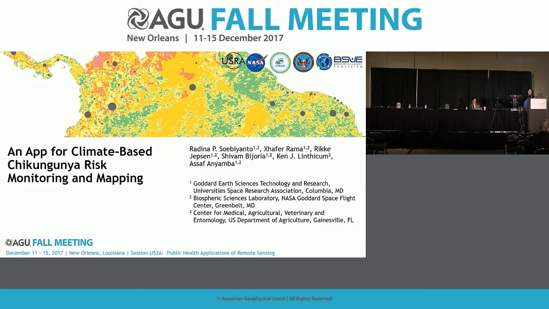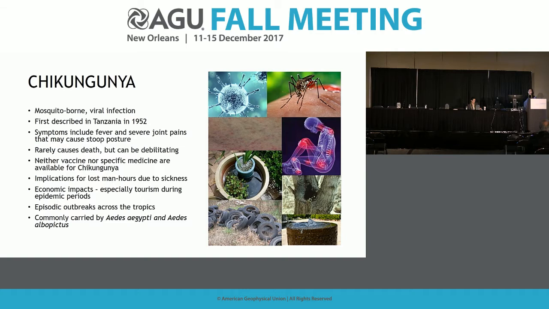So just to give you a brief description of chikungunya, it is a mosquito-borne viral infection. It was first described in an outbreak in southern Tanzania in 1952. Some of the symptoms include fever and severe joint pains that may cause stoop posture.